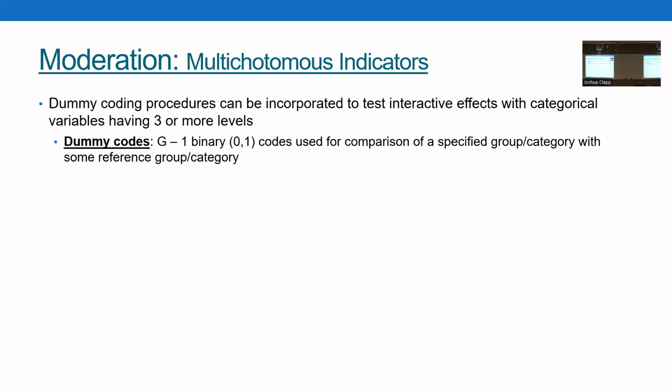So think about opiate use. How many levels of opiate use did we have in our data set? 2. How many variables do we need to represent that? Just 1, right? If I've got a variable with 4 conditions, how many dummy codes do I need to capture all of those? 3, right? If you create 4 different dummy codes and try to stuff all of those in a regression model, it's going to blow up on you.